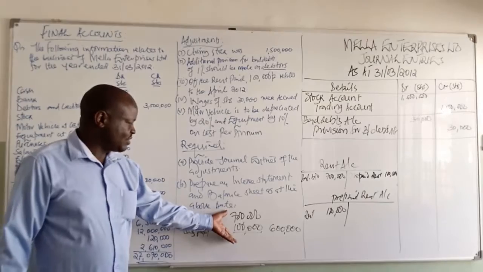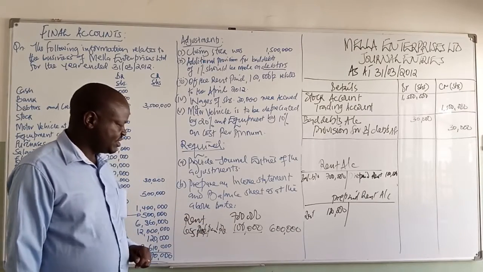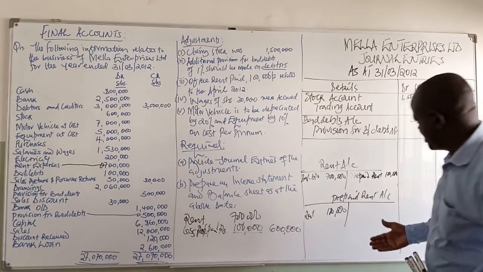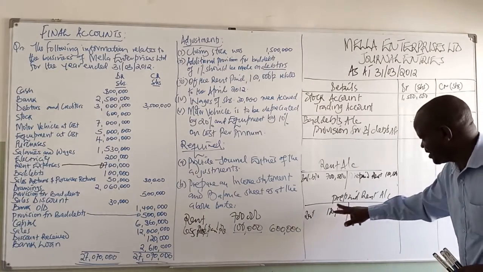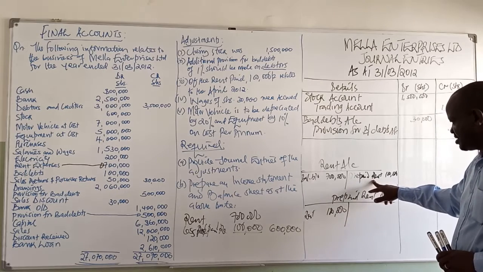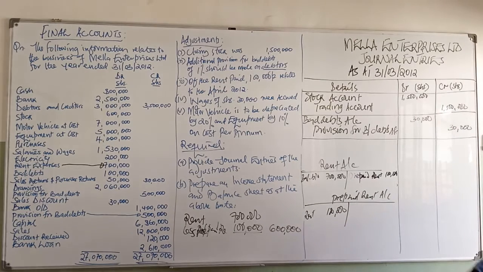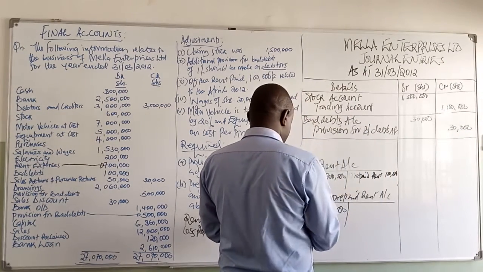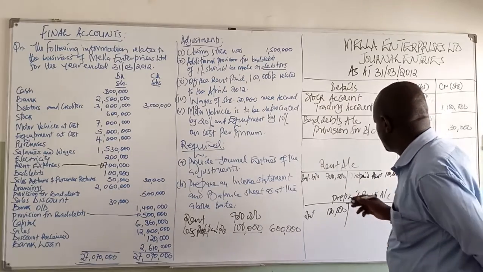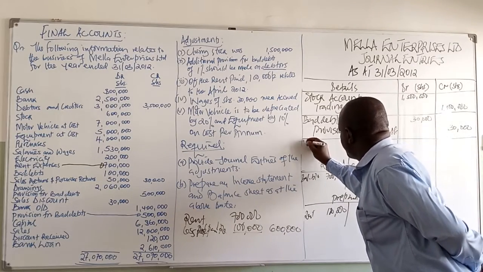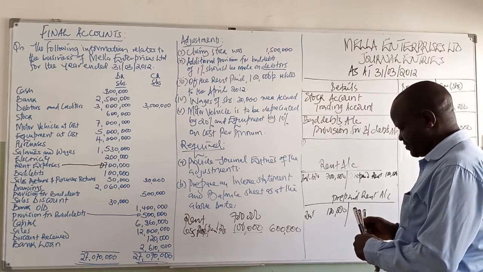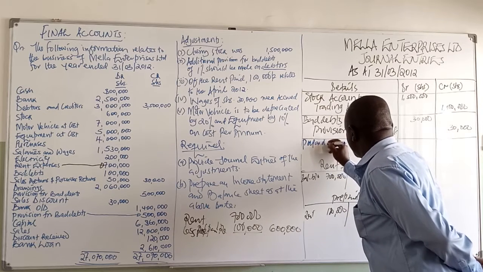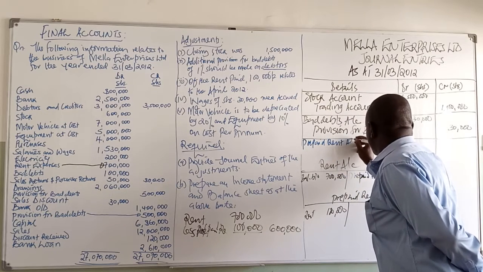In the income statement, this is how it will be prepared. So we have already moved the rent which is prepaid, and we are saying we shall now debit the rent prepaid account and credit the rent account. Just like that. So here we are going to have prepaid rent account.